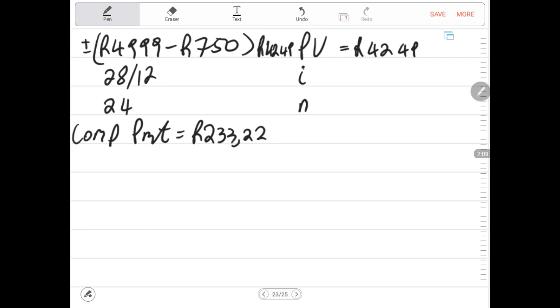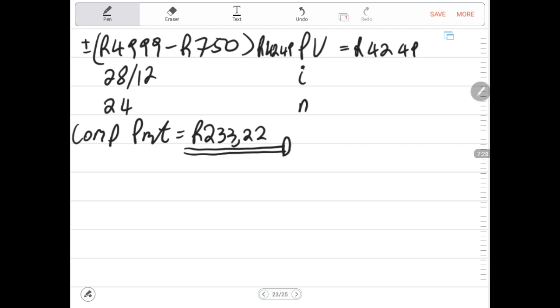I want to introduce you to another thing that I did not mention before: don't clear your calculator unless instructed otherwise. I will instruct you when to clear the calculator. What does this mean?